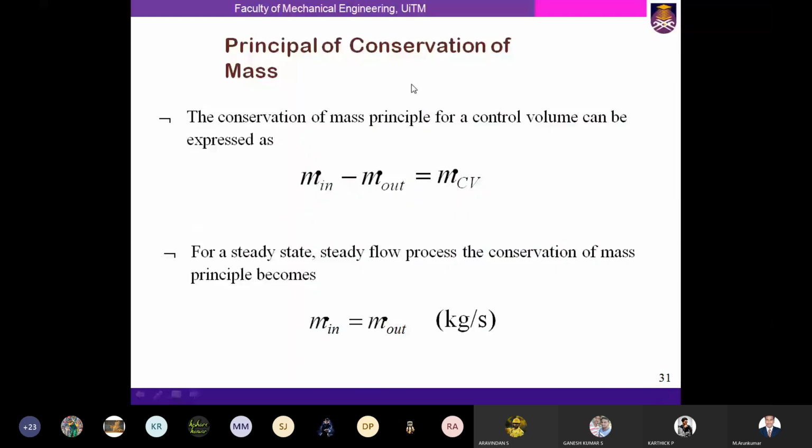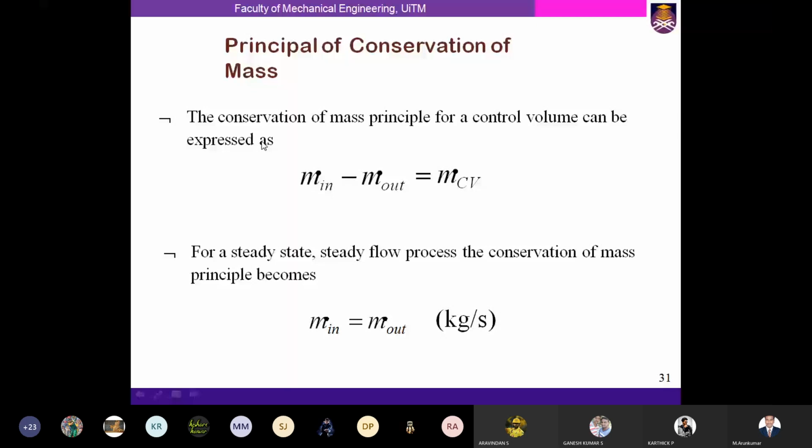Then the principle of conservation of mass can be written as mass flow rate in minus mass flow rate out equal to the rate of change of mass in the control volume. The conservation of mass principle for a control volume can be expressed in this form. If you want to calculate for the control volume, some mass will be in and some mass will be out.